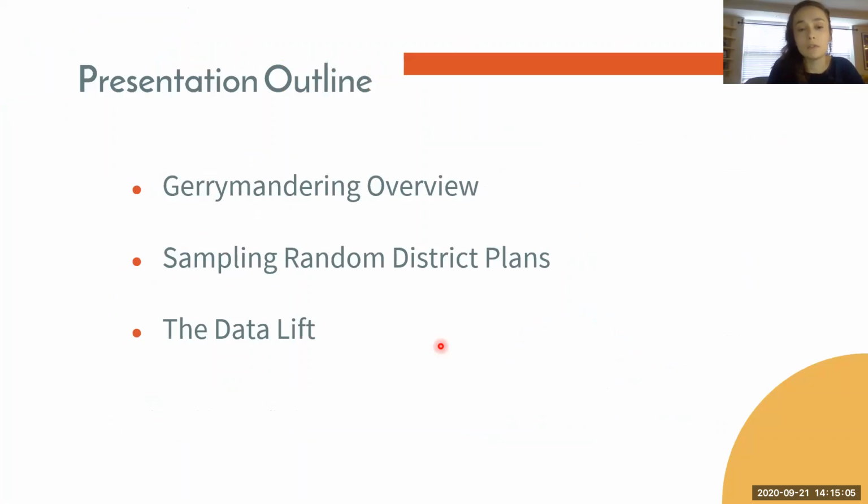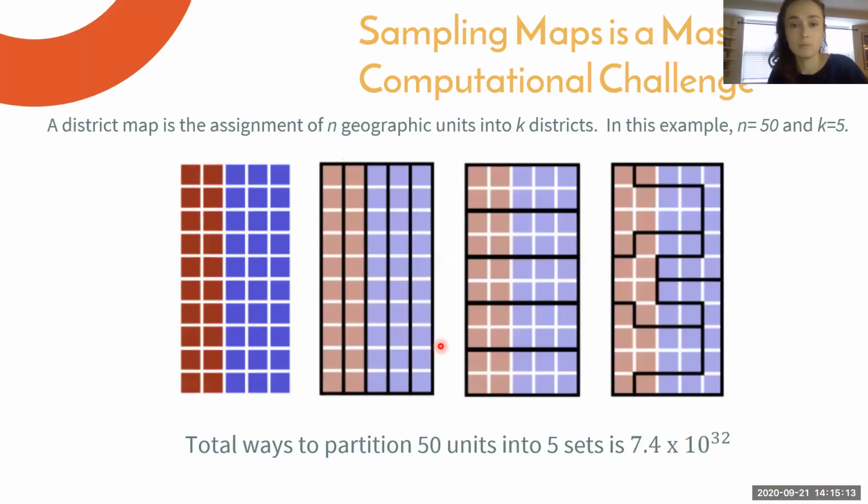Okay. So how do we make all of these sample maps? How do we get this huge baseline of maps against which to compare an enacted map? Going back to this picture we saw in the beginning, we can think of drawing district maps as a partitioning problem. We have a bunch of precincts, and we want to partition them into districts.